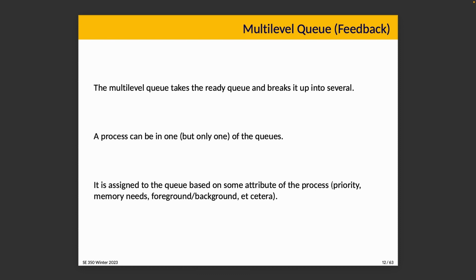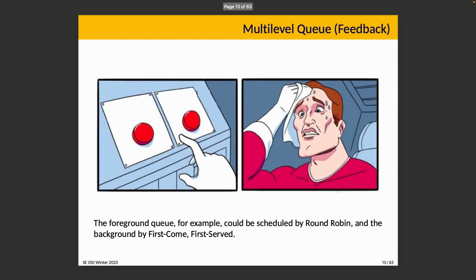Is it a foreground task, i.e. one that's user interactive in the UI or the command line, or is it some sort of background service? All those things can be used to make a determination about what kind of process it is, and according to what queue it's going to go into. And that should be relatively easy to implement.